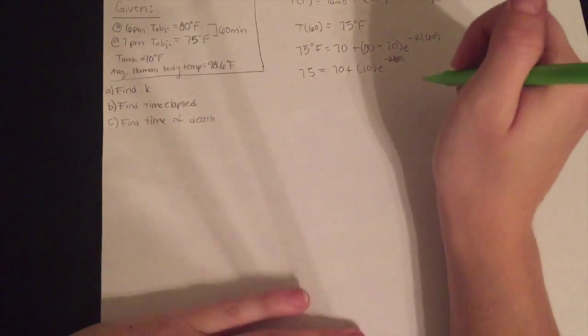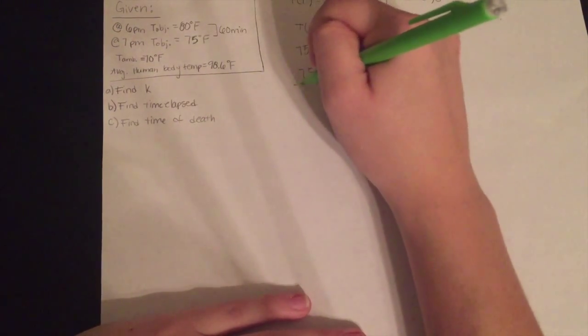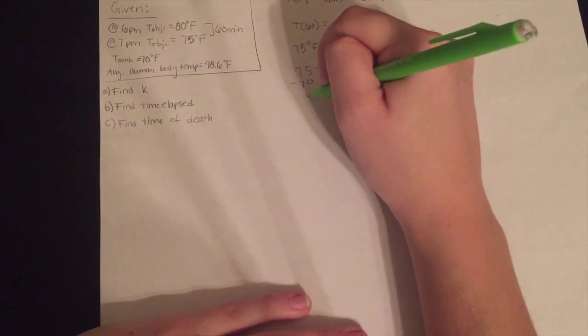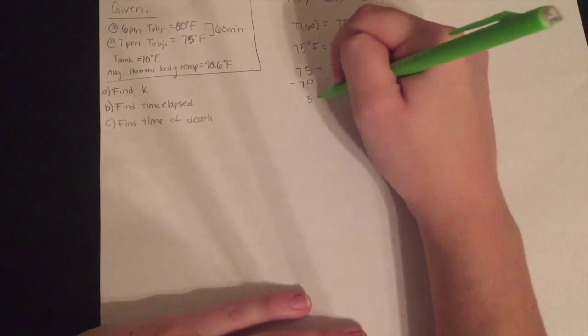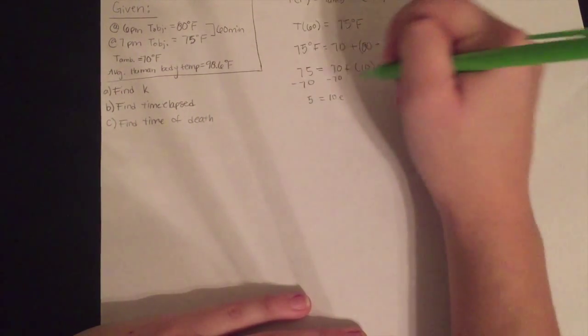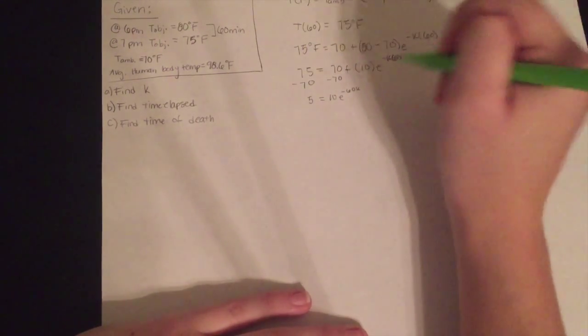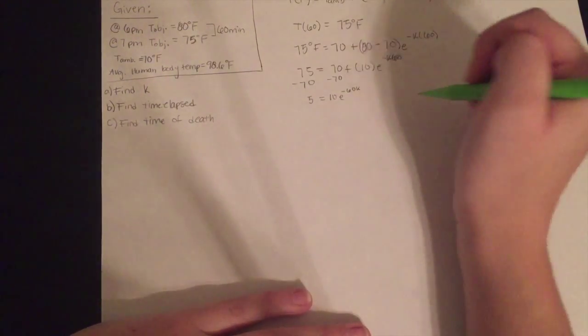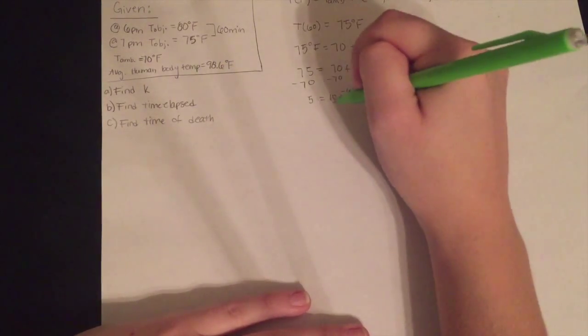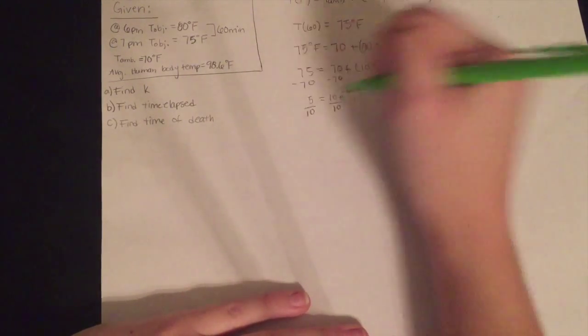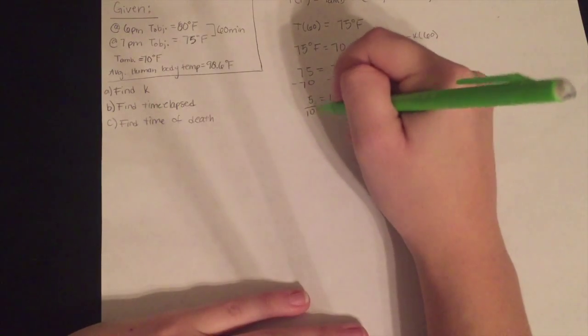Next we subtract 70 from each side, and that's going to be 5 on this side, and that equals 10e to the negative 60 times k. I just rearranged it so it would look more natural. And then next we're going to divide each side by 10, and that should be 1/2.